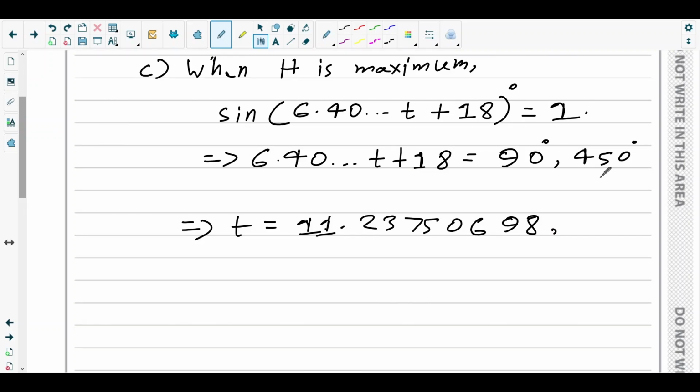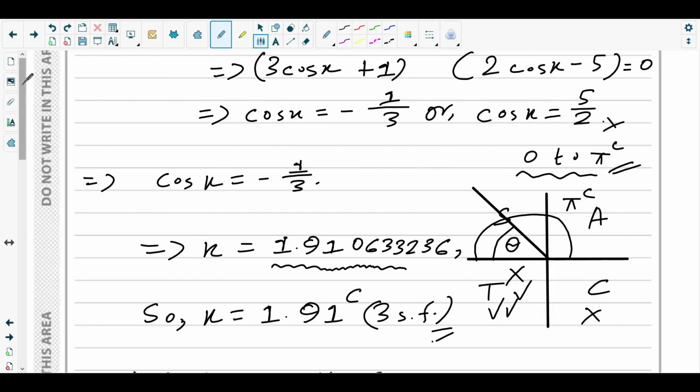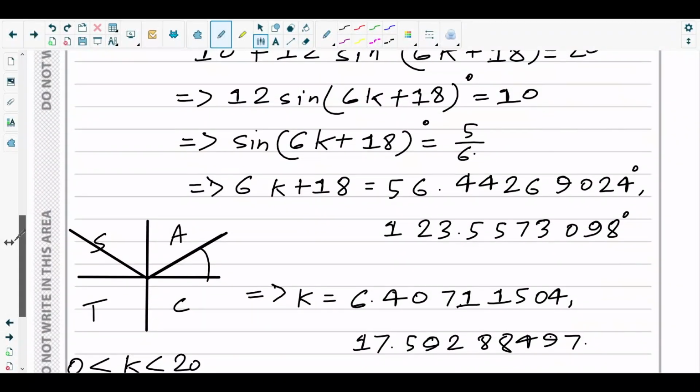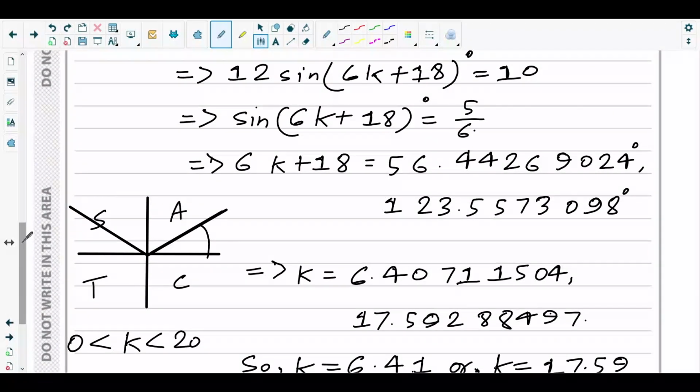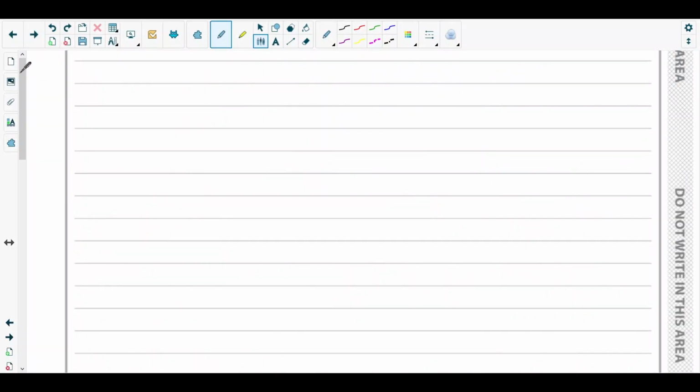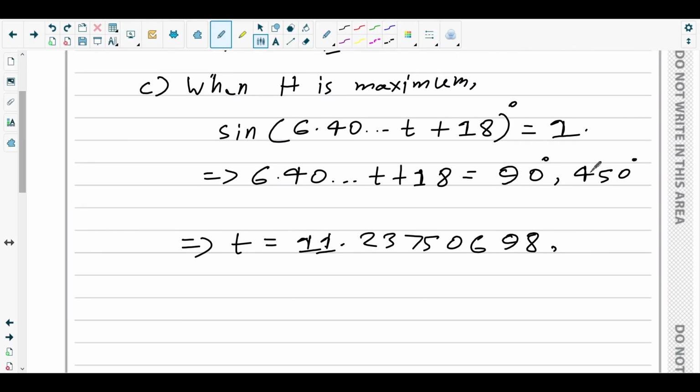And for 450 degrees, 450 minus 18, divided by 6.40711504, that gives 67. 67 is greater than 24, so let's ignore 450 degrees. So the only possible value for t is 11.2375 something.